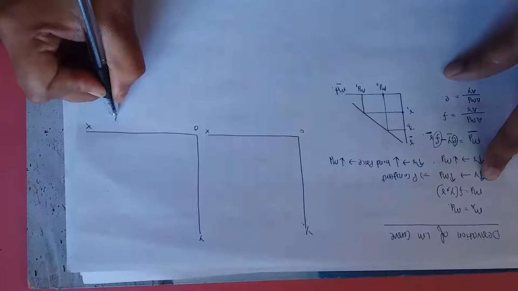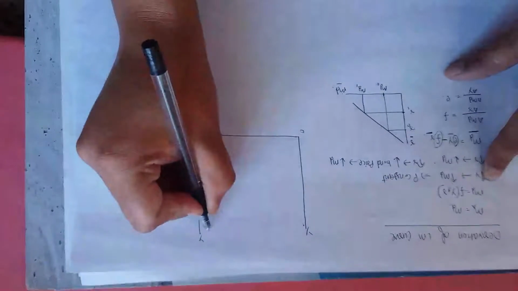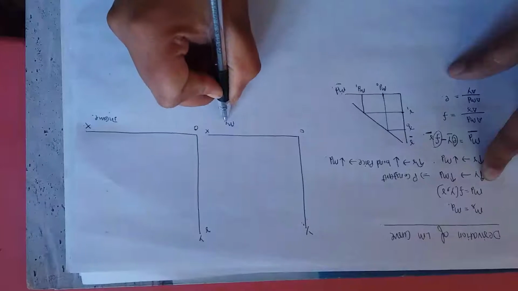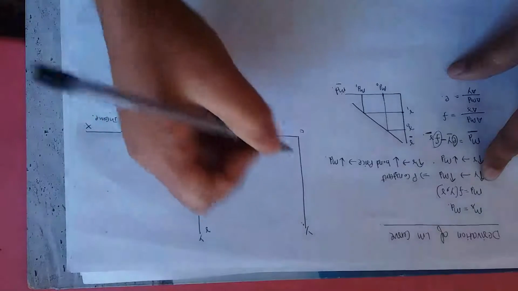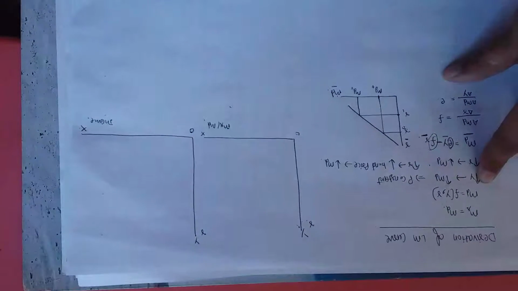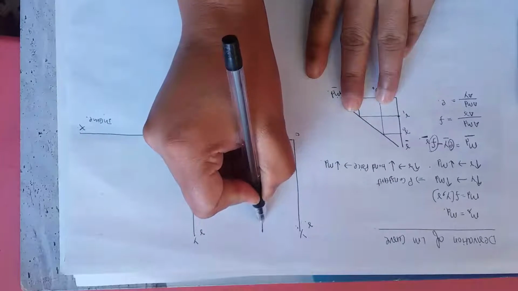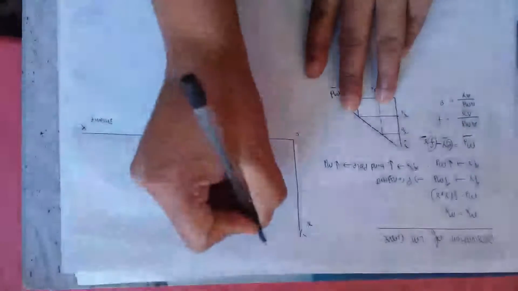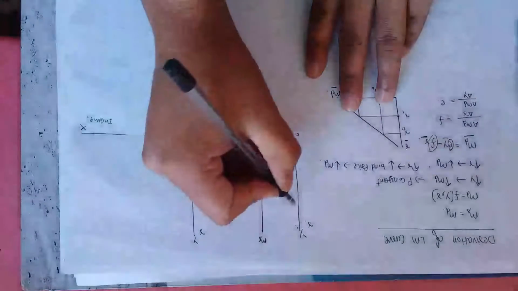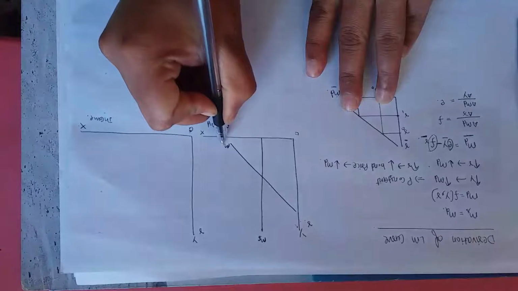We will show income on the x-axis and rate of interest on the y-axis, and here on the x-axis money supply and money demand, and on the y-axis the rate of interest. This is the MS curve, and this is the demand for money.